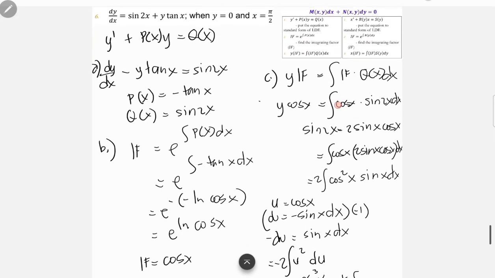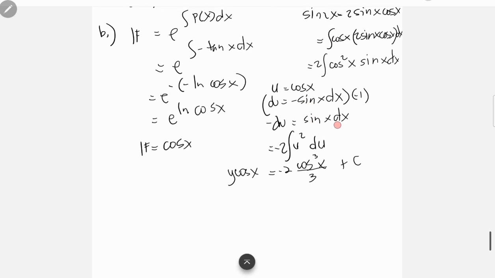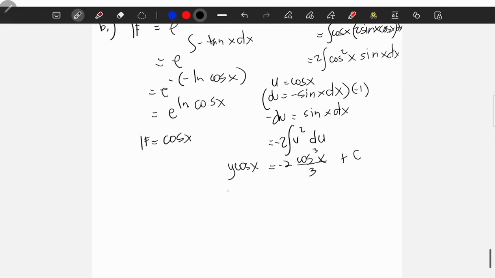But the values for x and y are: y is 0 and x is pi over 2. So y is 0, cosine x is pi over 2, equals negative 2 over 3 cosine of pi over 2 raised to the power of 3 plus c. 0 times cosine pi over 2 is 0.